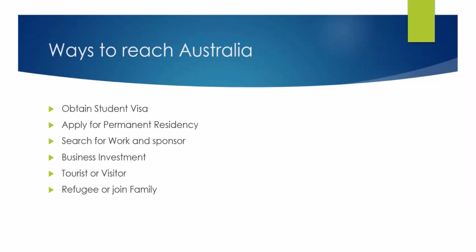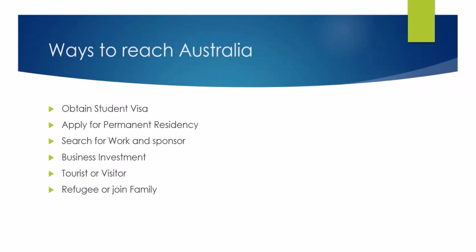So there are different ways to reach Australia. One of them is to get a student visa. Another one is to apply for permanent residency from wherever you are, whether in Australia or outside. Next option is you can search for work and sponsor. Another one is business investment.